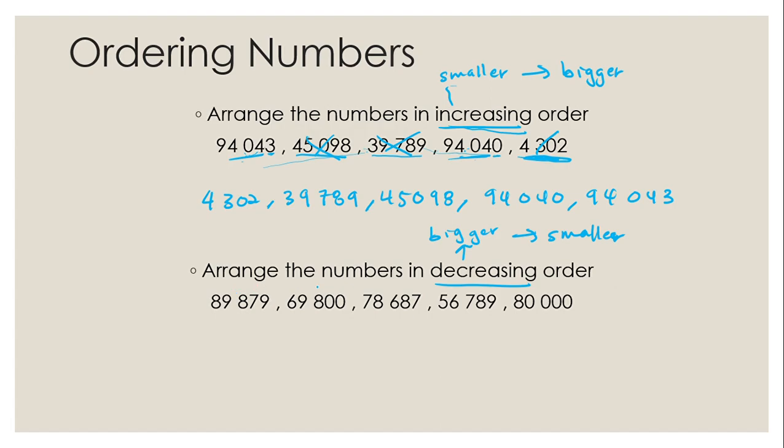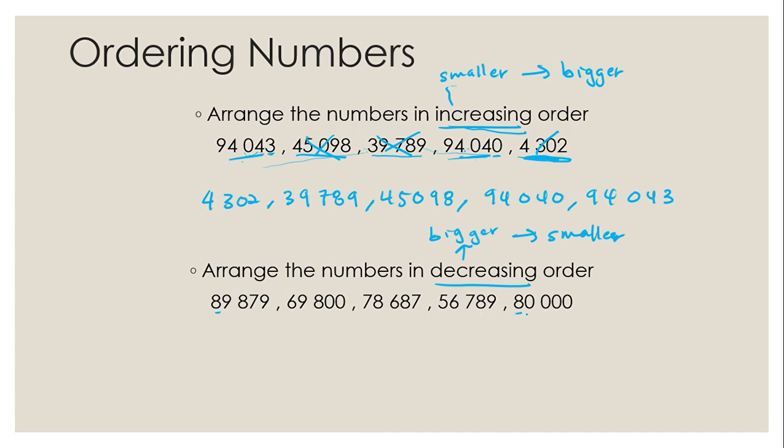Okay, now arrange the numbers in decreasing order. For this one, same thing. It's just that we need to find the biggest number first. Among all these 5 numbers, we'll find the biggest number. From this, we can see the biggest number here is 8.